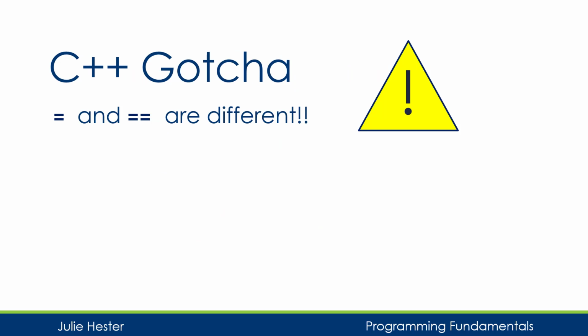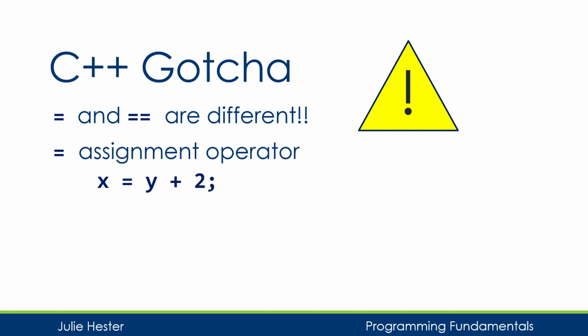Now, there's a big gotcha in C++ with this, and this is a source of a lot of errors, because equal and equal are different, but it's easy to put the wrong one in.